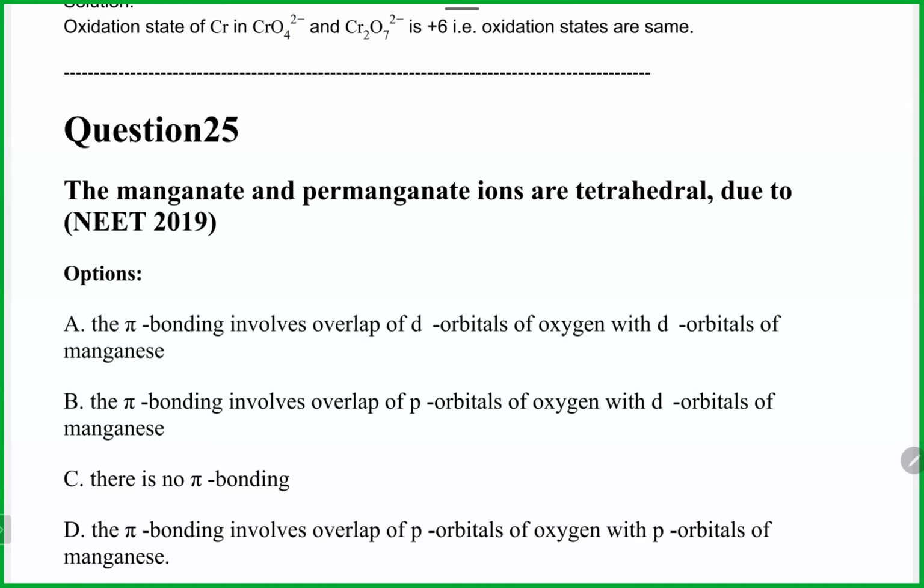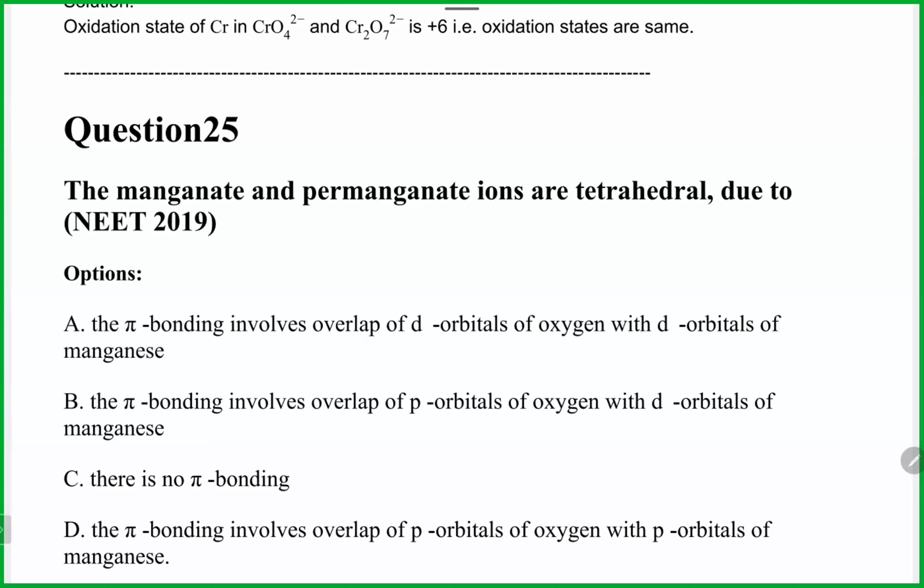K2MnO₄, manganate, and KMnO₄, permanganate. Both are tetrahedral. What is the reason? Overlap of p orbitals of oxygen with d orbitals of manganese. Exactly, option B, correct.